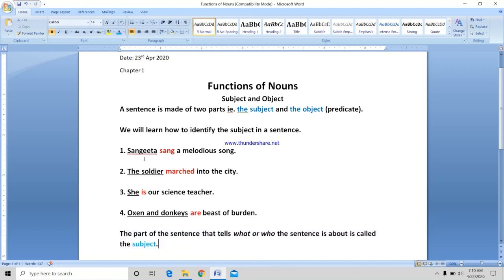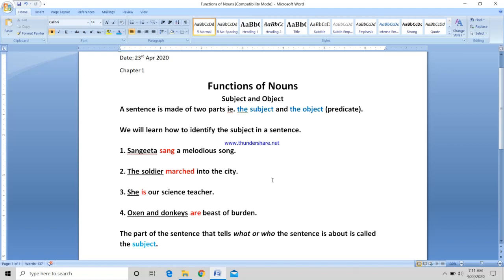Like over here we have seen in these examples, who sang the song, who marched into the city, who is the science teacher, who are the beasts of burden. So in all, you can see we have got the subject. Now, interestingly, all these underlined words are actually nouns. So that is why the name of the chapter is Functions of Nouns.